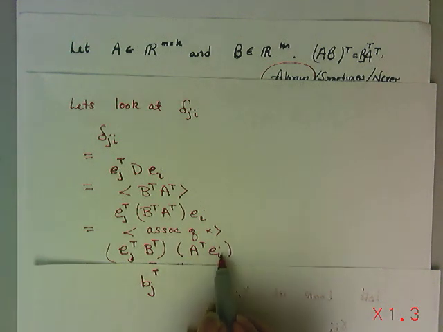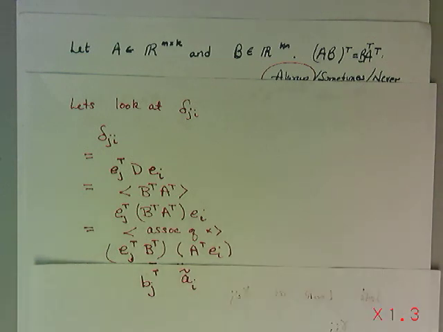So we know that it is a row vector. And what is this? This is the ith column of A transpose. But the ith column of A transpose is the same as the ith row of A. How do we write the ith row of A? We write it as A twiddle sub i. But this is a column vector, so we don't write the transpose any longer.